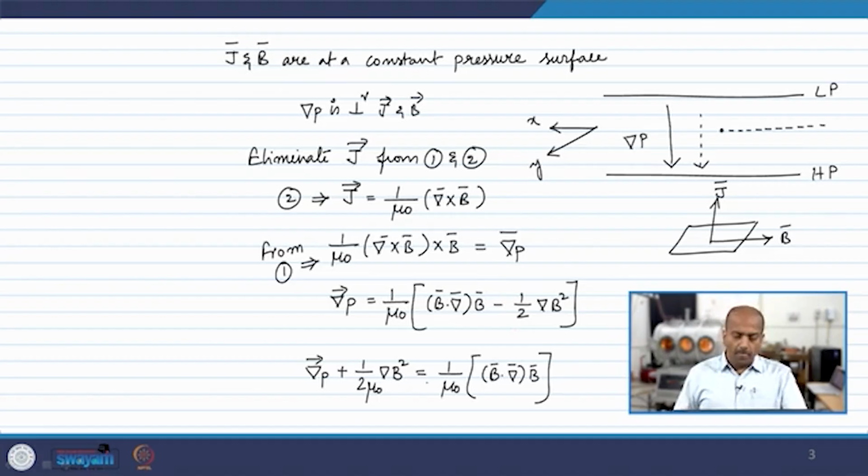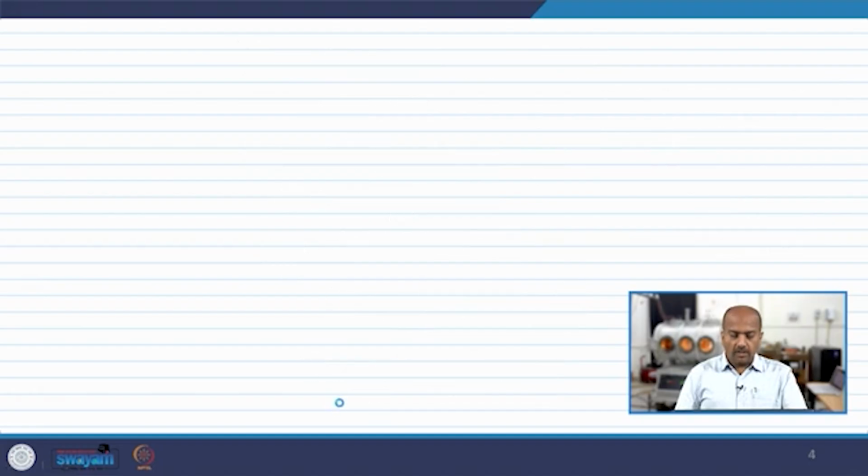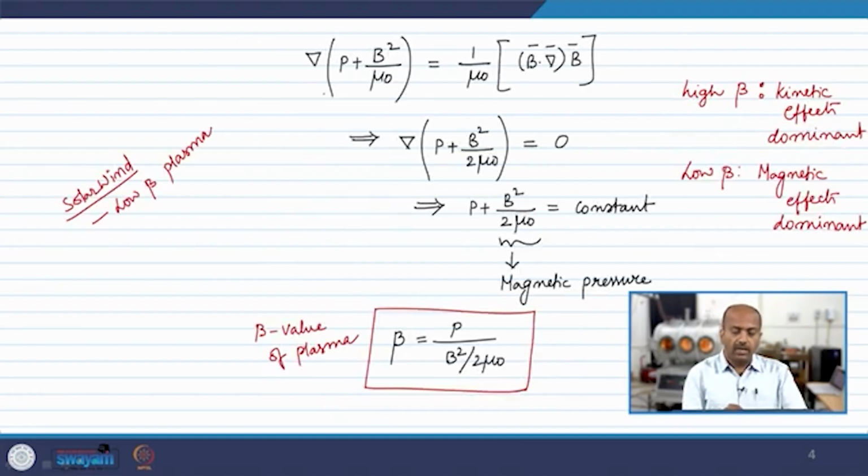Doing some algebra, we have now realized that the gradient of the sum of pressure plus b square by 2 mu naught is equal to 0, or since this is a gradient, if it has to be 0 on the right hand side, we have b dot del, then p plus b square by 2 mu naught should be a constant.